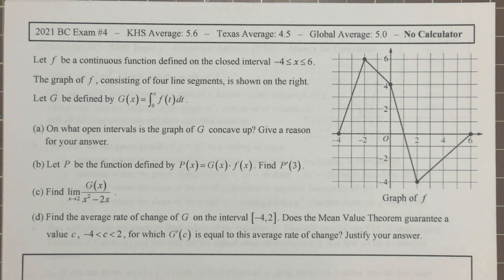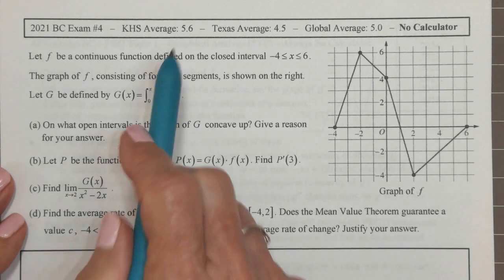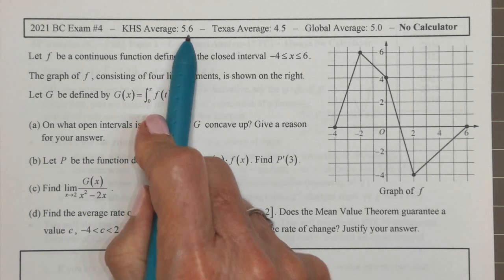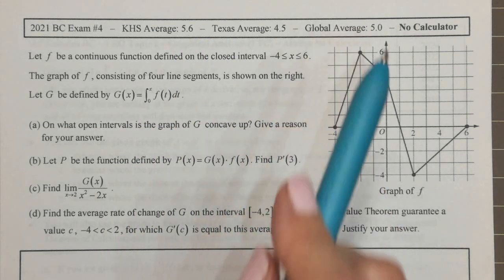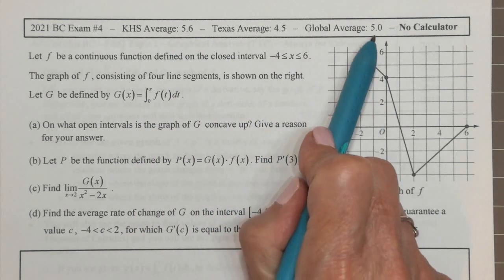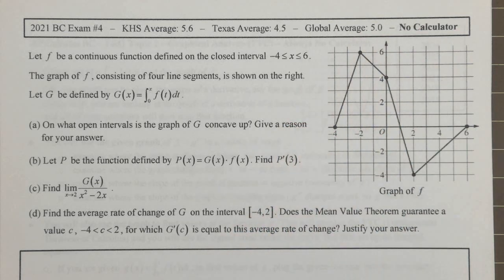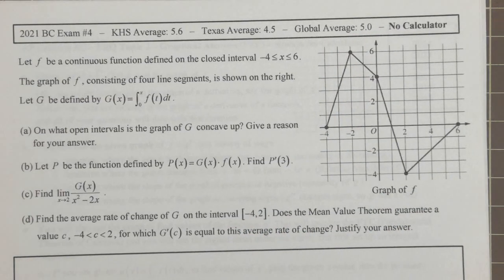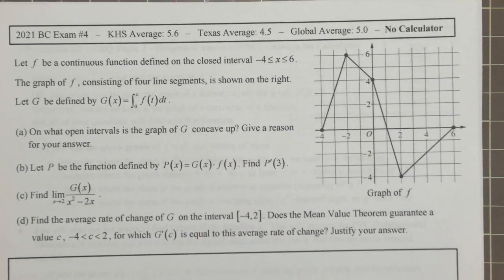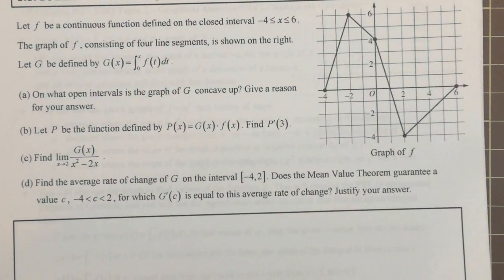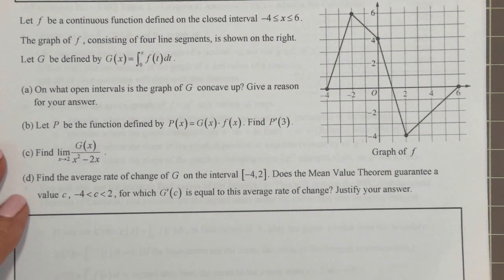So it is always here, you guys, always. 2021, a very high scoring problem for us, a very high global average on this problem. Very rarely do we see a global average of a 5 or above. Even the Texas average was super high. So a good problem for students this year.